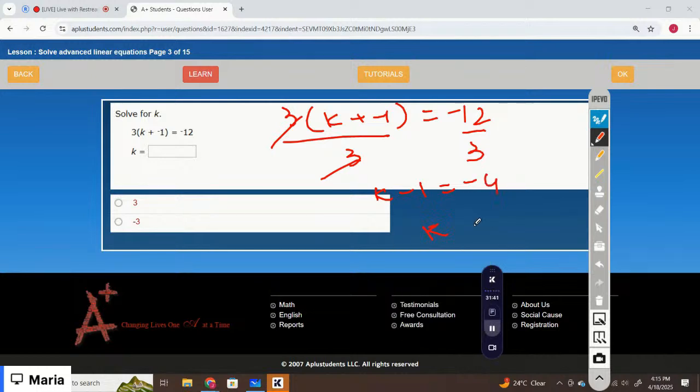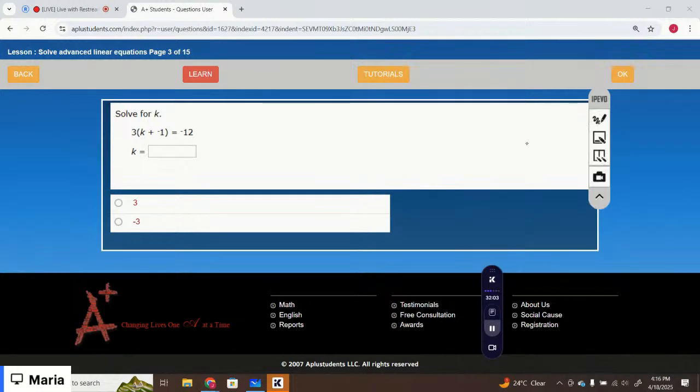So k equals negative 4 plus 1. So k equals negative 3. The correct option is option number 2, that is k equals negative 3.